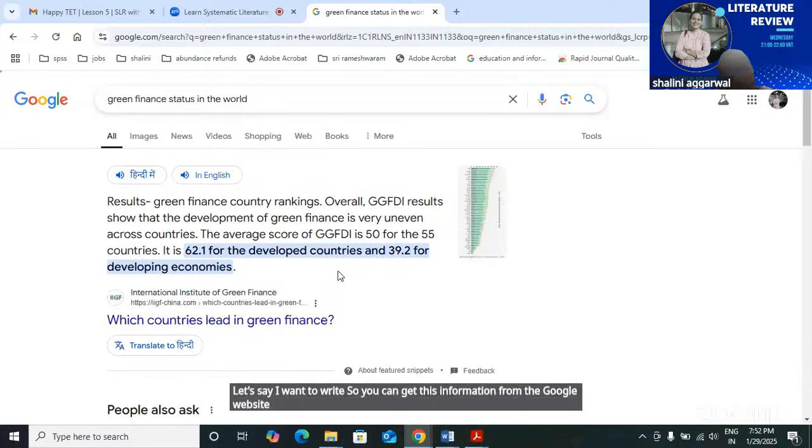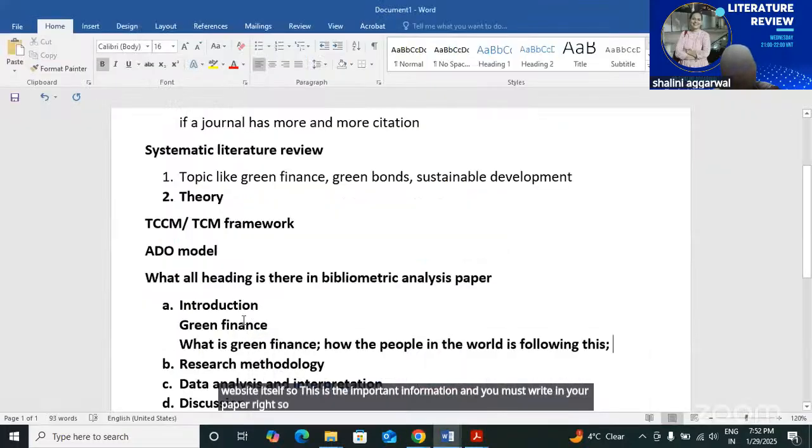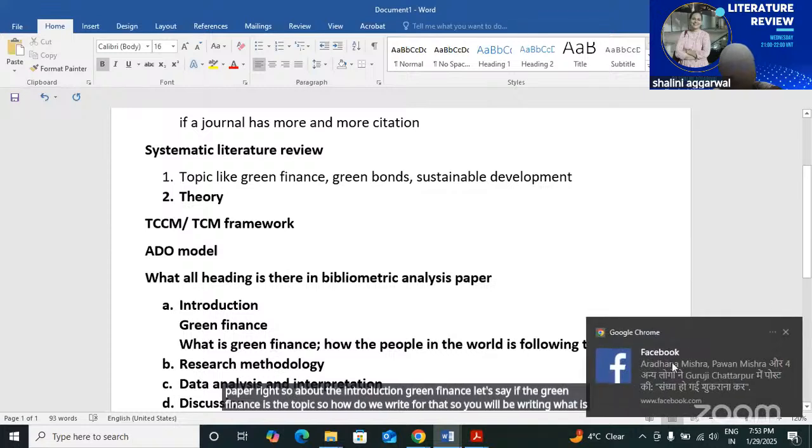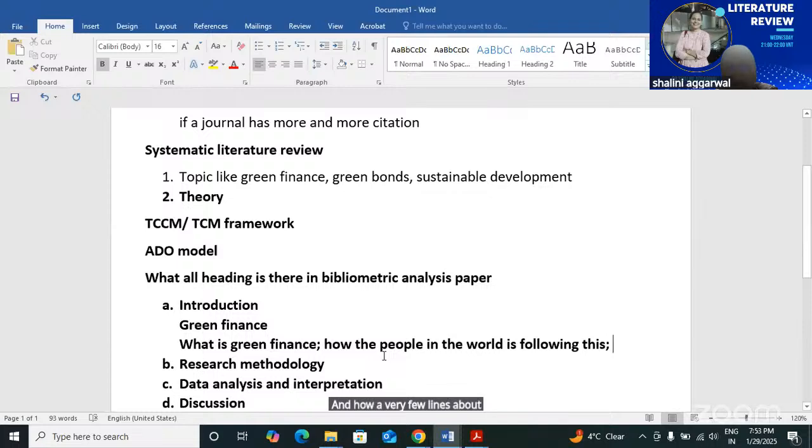This is important information, and you must write it in your paper, right? So about the introduction, if green finance is the topic, you will write what green finance is in very few lines, and how people in the world are following this, right?